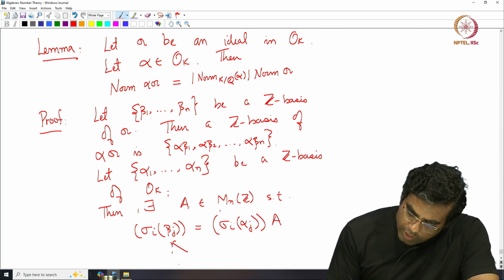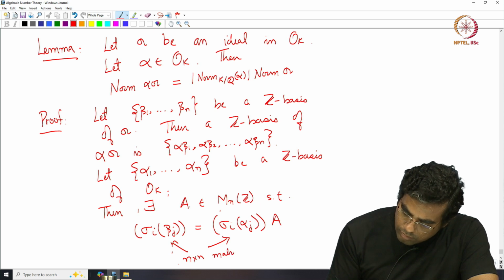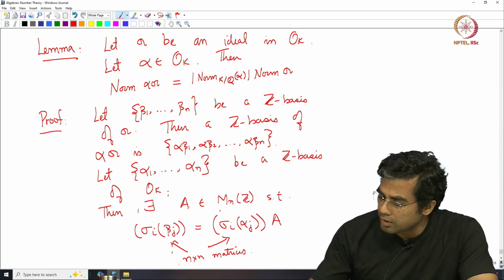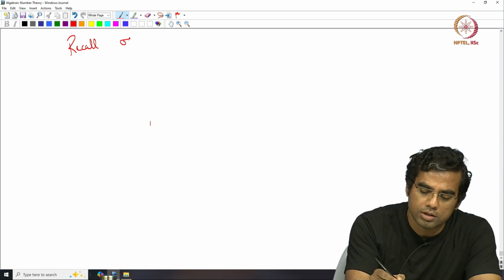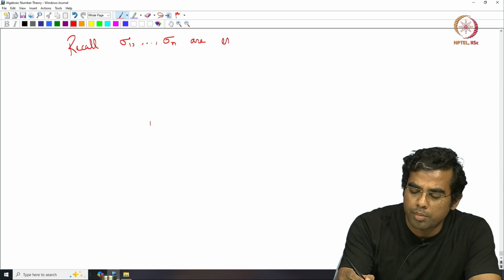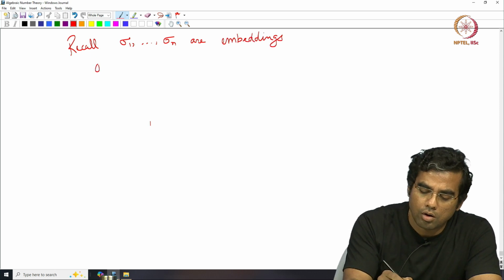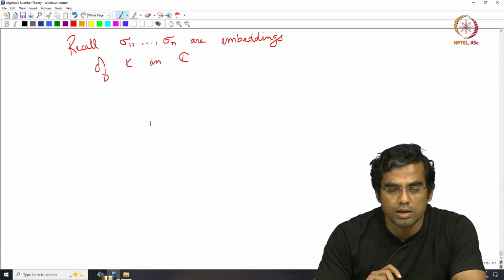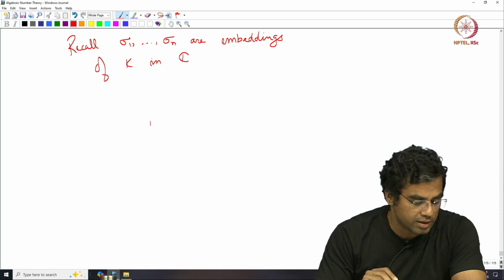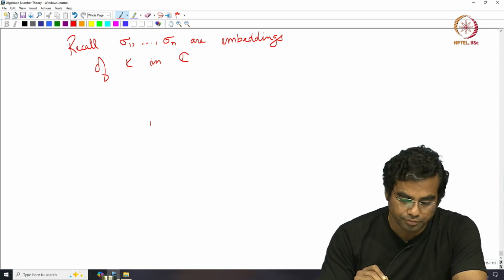So, these are both n by n matrices. And recall our notation: sigma 1 up to sigma n are embeddings of k in C. There will be n distinct embeddings of k in C, and those are denoted by sigma 1 up to sigma n.